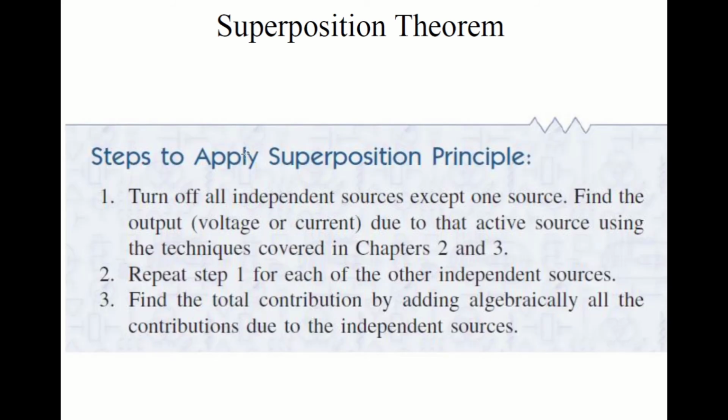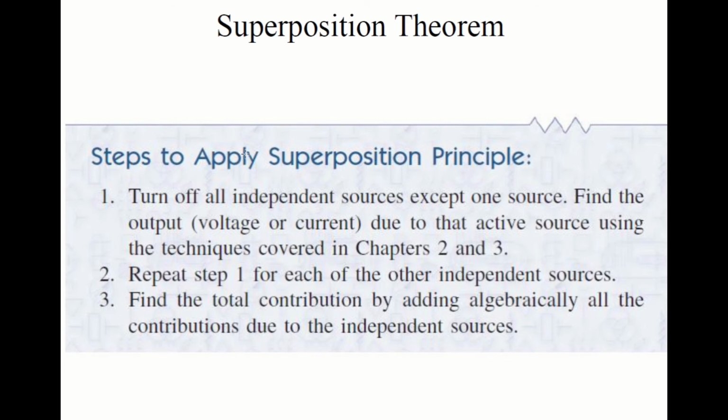So these are the steps to apply the superposition principle. First, turn off all independent sources except one. If you have 3 independent sources, you need to turn off 2 and keep one, and find the output voltage or current due to that active source using techniques covered in chapter 2 and chapter 3.